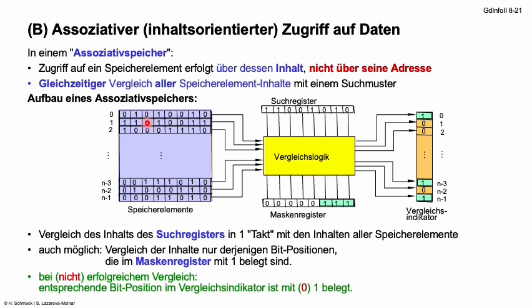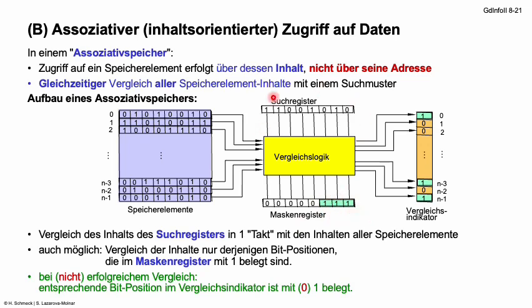Here we can see this comparison happens in one clock signal, and you can also have a mask register which can indicate which bits are to be compared. In this case, in the mask register, we can see that only the last 3 bits are important to be compared.